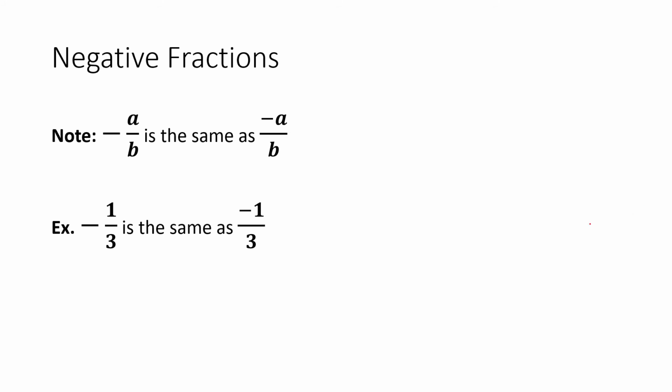Let's say we have negative a over b. So we have negative, and then we have a over b. For those that are lost, what are a and b? What do they stand for? The letters a and b are variables. Those can be any number you can think of.